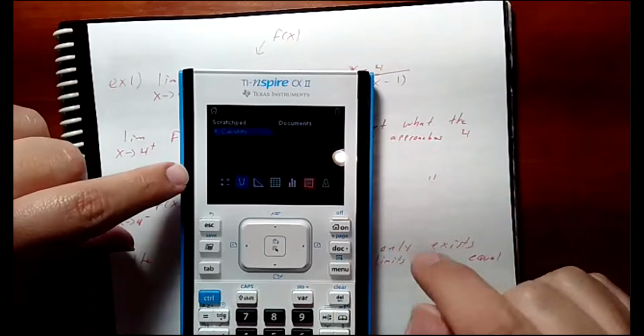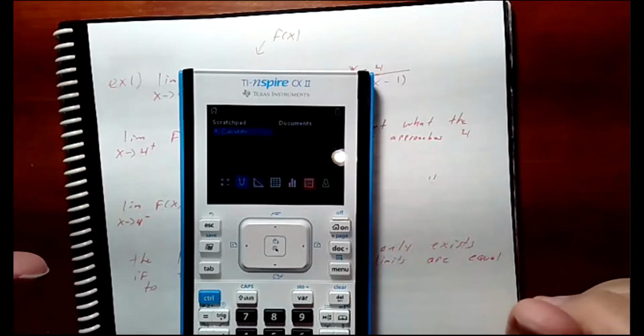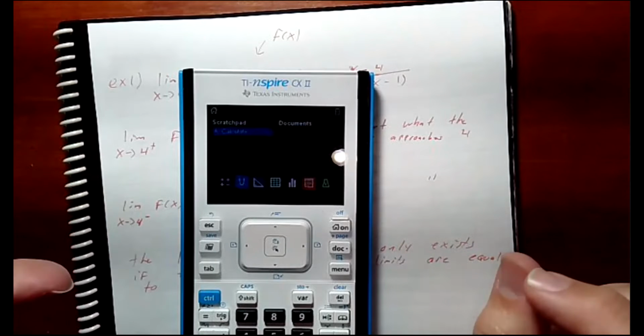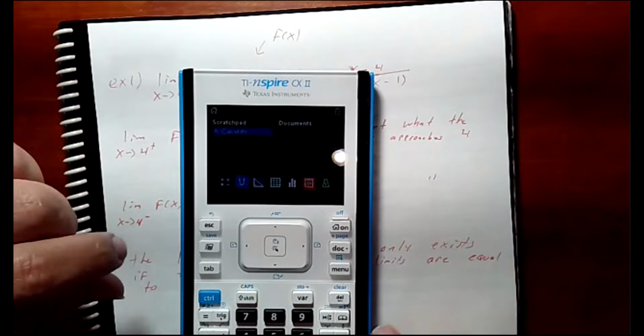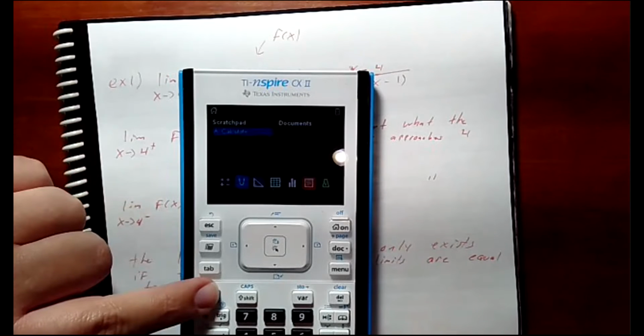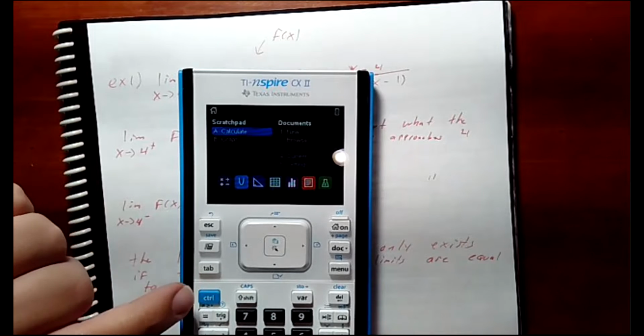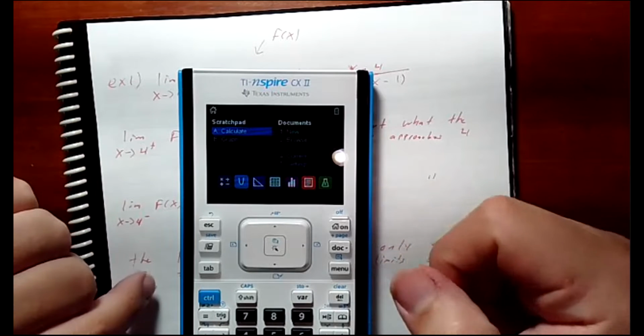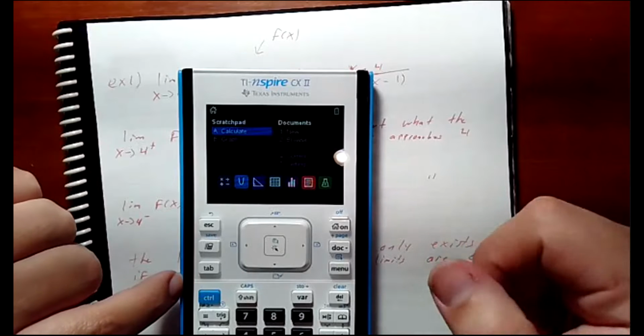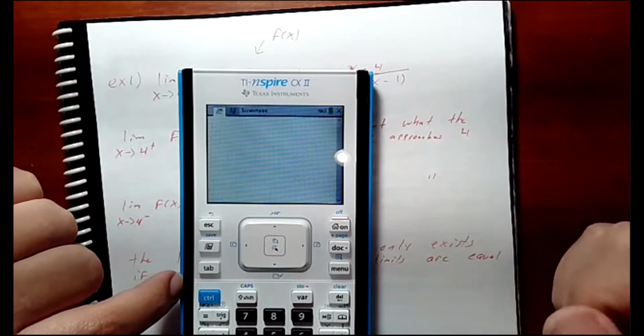First of all, how do I make this brighter? There we go. Is this a calculator similar to the TI-36 Pro and how we do this? Not at all. Oh, good.